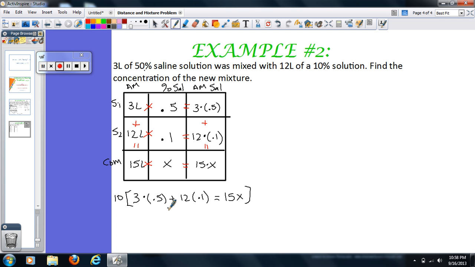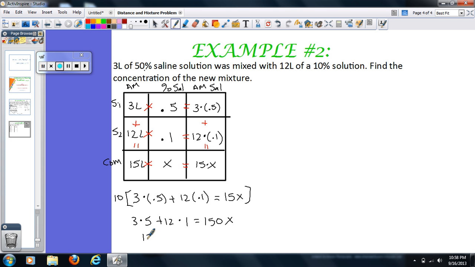When multiplying across, I only multiply one of the numbers by 10. So 3 times 0.5 becomes 5, plus 12 times 0.1 becomes 1, equals 15 times 10, which is 150x.